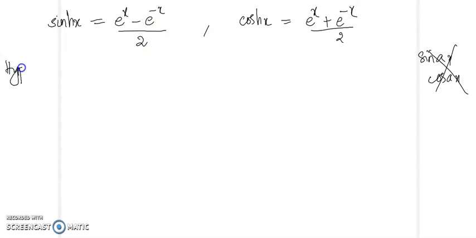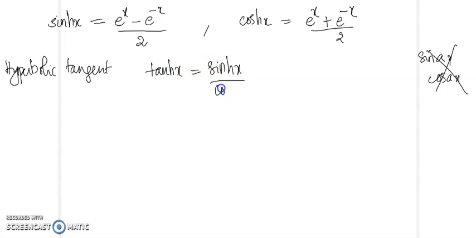Similarly, you can define hyperbolic tangent. We denote it as tanh x, and it is defined as sinh x by cosh x. So tanh x is defined as the function (e raised to x minus e raised to minus x) by (e raised to x plus e raised to minus x).